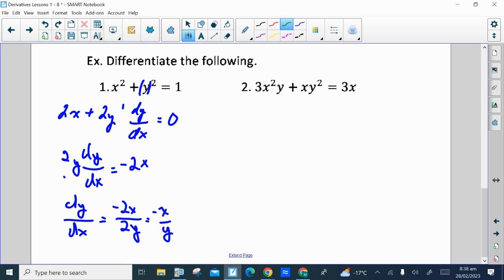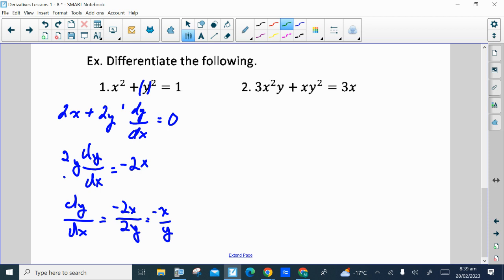Now, for question 2, we're going to differentiate each term. And what you have to realize here, in that first term, it is a product. There's 2 factors there. The first factor that you would differentiate would be the 3x squared. The second factor is y.